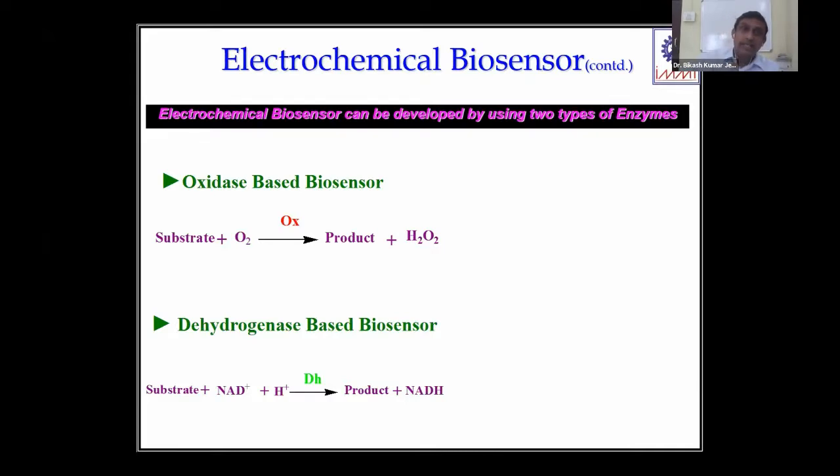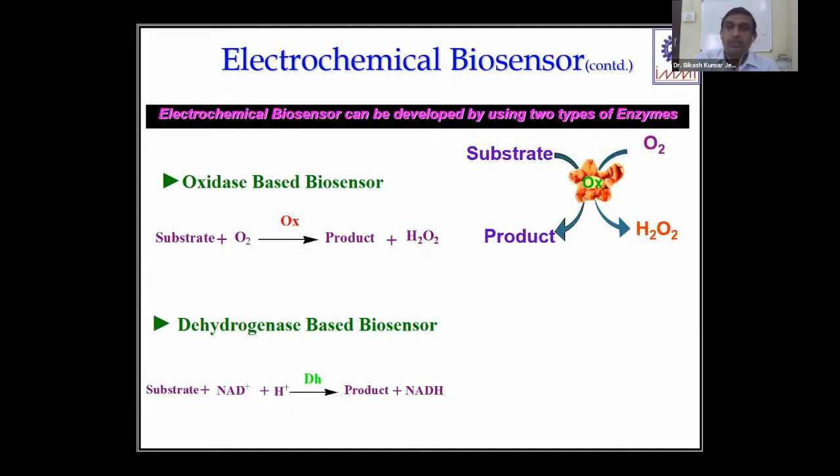When this electrochemical biosensor is designed based on the biocatalytic biosensor, enzymes are used, and there are different kinds of enzymes. One is the oxidase-based biosensor, where an oxidase enzyme is used and the substrate is oxygen. So in the presence of oxygen, this enzyme will work. If you put in an analyte, it will be converted to its product in the presence of oxygen, where hydrogen peroxide is generated.